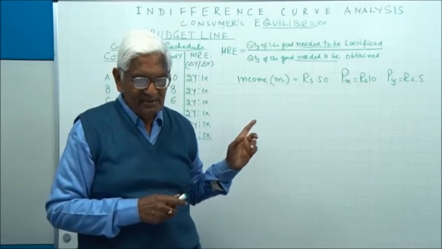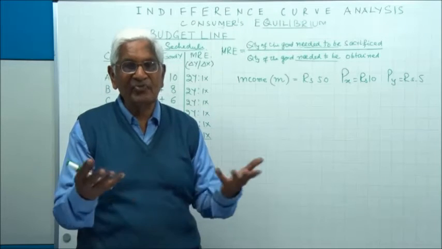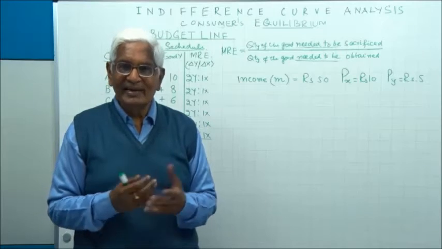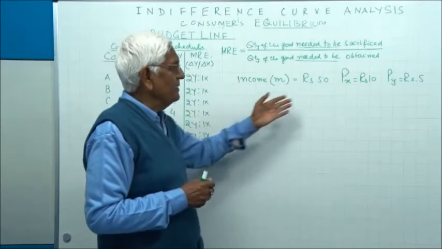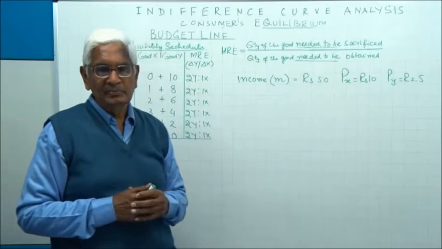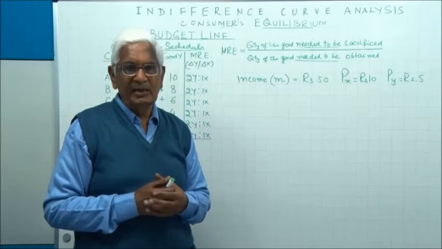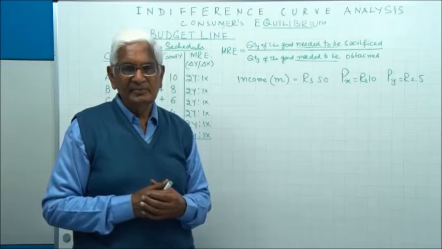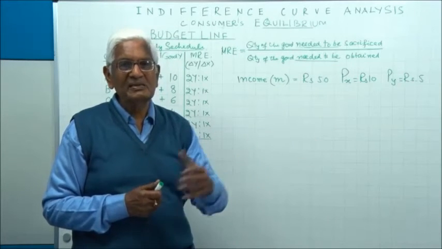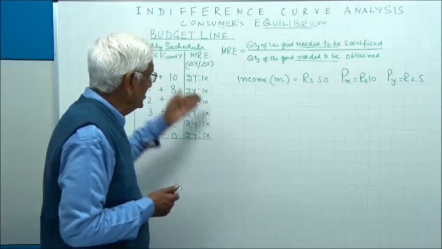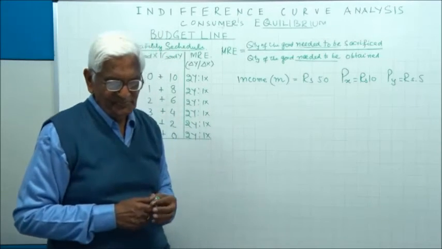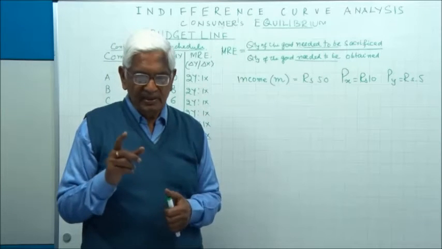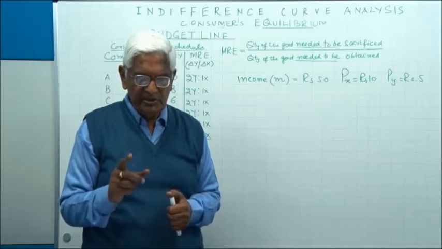Here it is constant throughout. The question may come why. It is based on market prices and on consumer's income. Income is constant, PX is constant, PY is constant. Therefore, this is constant. Okay? This is the concept of consumption possibility schedule.